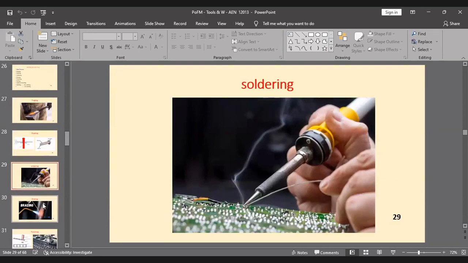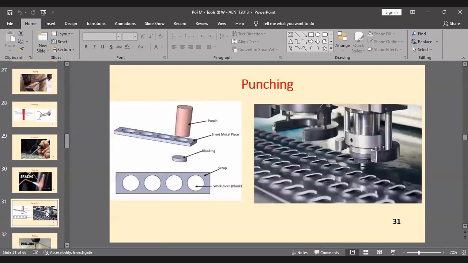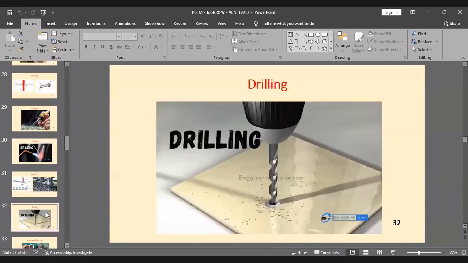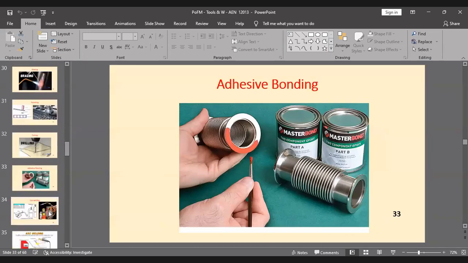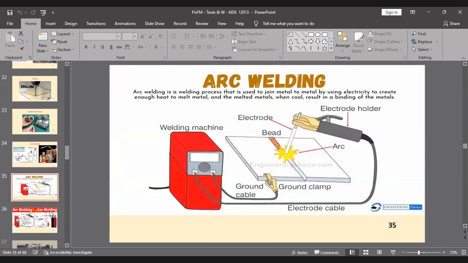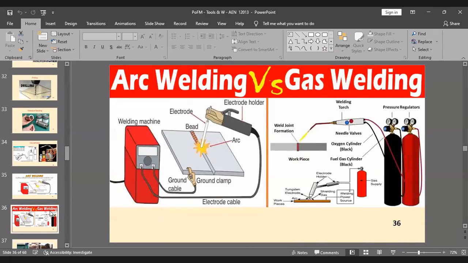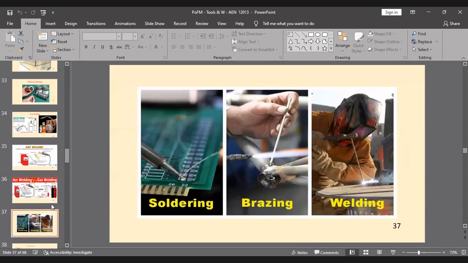Okay, right. Brazing, iron, drilling, adhesive bonding, gas welding, arc welding, and the difference between these two types of welding, soldering, brazing, welding.